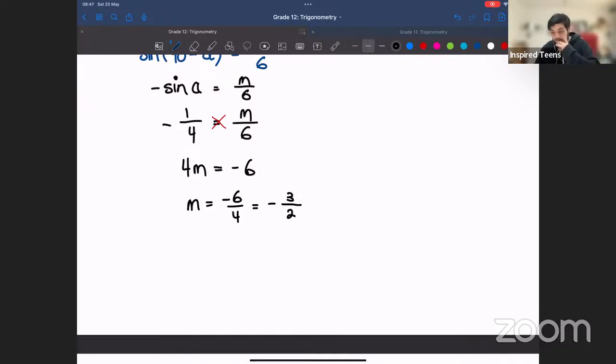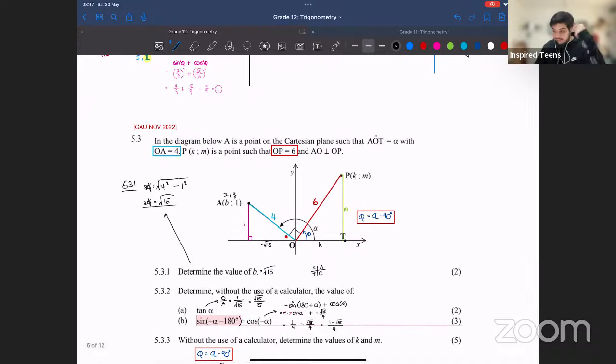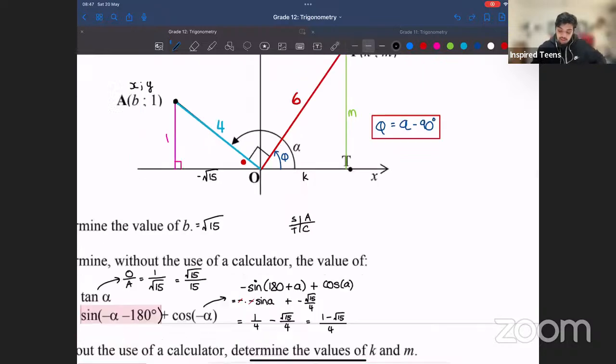Okay, so we've solved for, I did this wrong. Yes, I did do this wrong. Sorry. Sine theta is m over 6. No, that's correct.